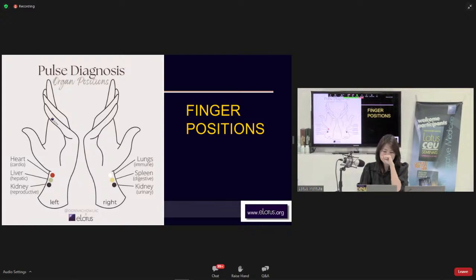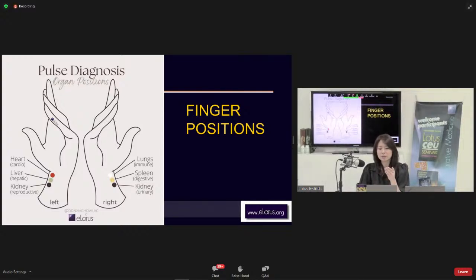But in Dr. Chang's system, the right side is the urinary function, and the left side is the reproductive function. So if you're going to detect what is going on with an infertility patient, you need to go to the left, not the right side. And then everything else is pretty similar.